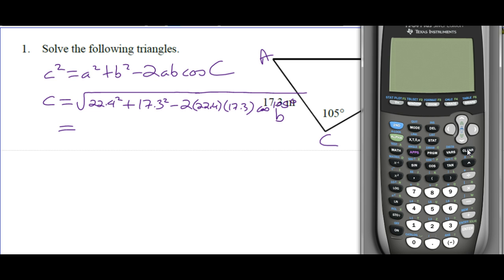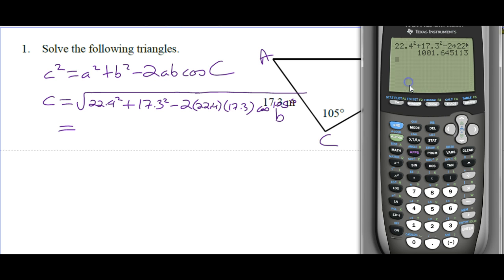Okay, so you know what, this time I'm not going to do the square root. I'm just going to go 22.4 squared plus 17.3 squared minus 2 times 22.4 times 17.3 times the cos of 105. Okay, I'm going to hit enter. 1001. Okay.